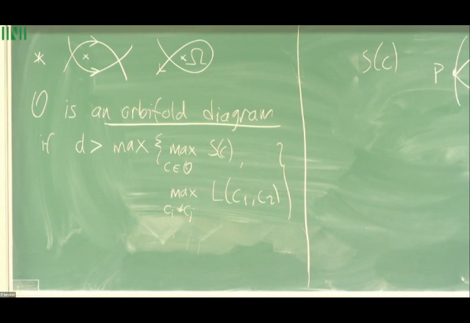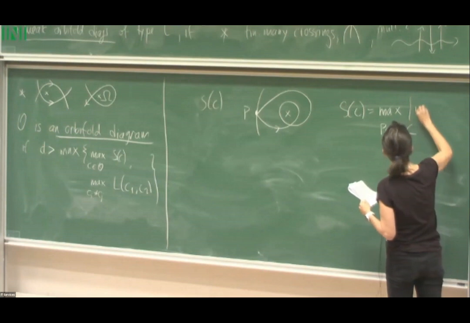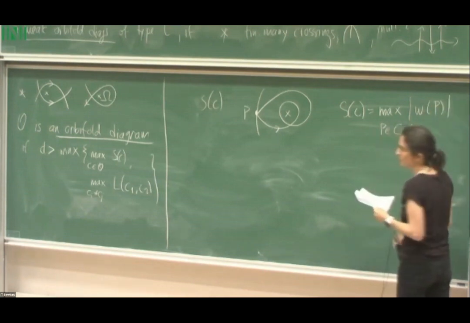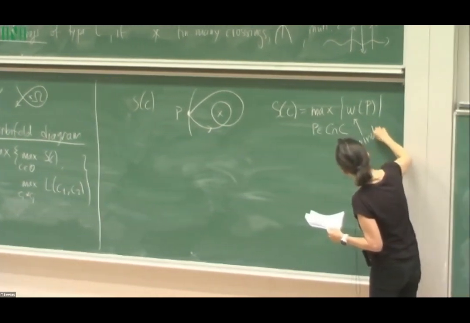So S of C is the maximum over all the points P in the self-intersection of C. And then you look at the winding numbers and then the absolute value. W is the winding number.